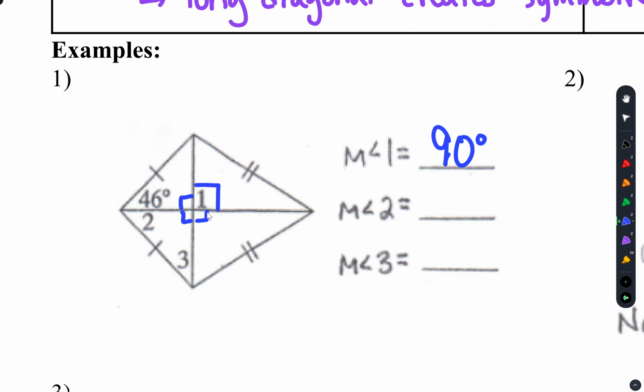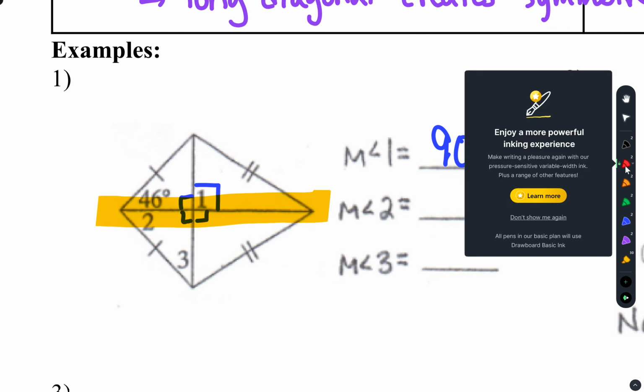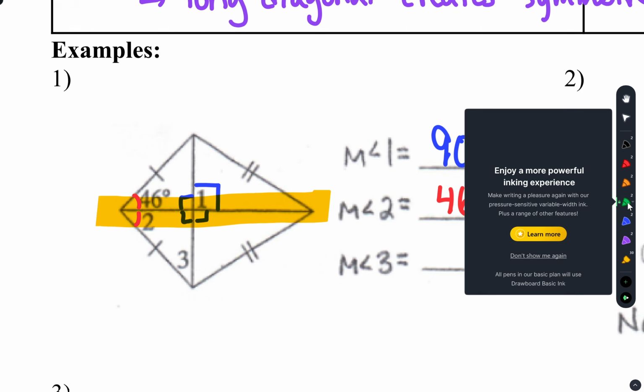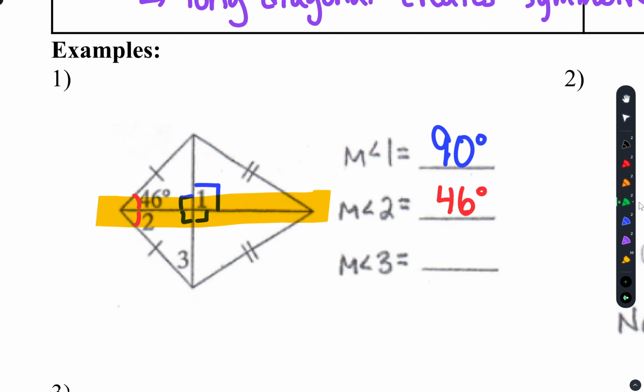Exactly, 46. Here's my long diagonal. On either side of this long diagonal, I have symmetry. So if that angle up here is 46, this angle is also 46. And what about angle 3? How do we get that? Yeah, Aubrey? 44. How did you get it? Beautiful.